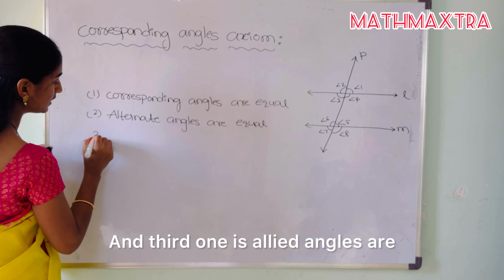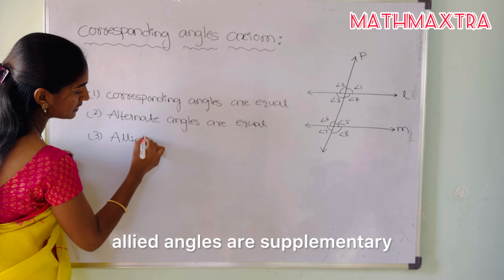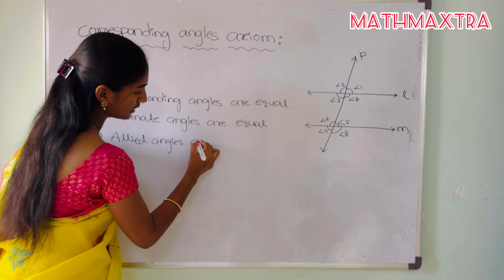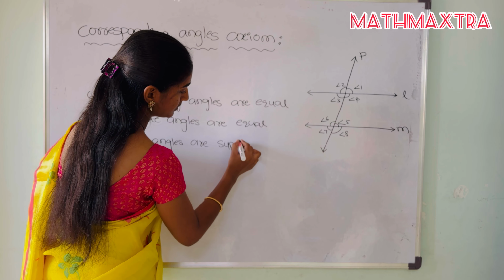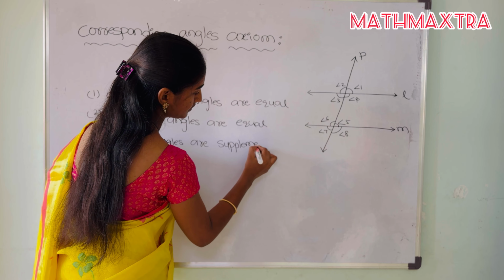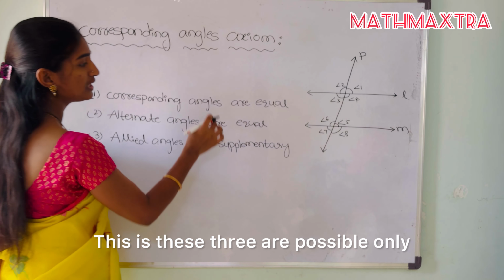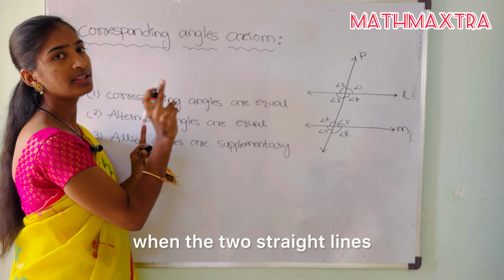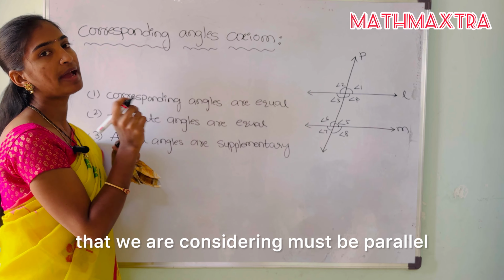And the third one is allied angles are supplementary. These three are possible only when the two straight lines that we are considering are parallel.